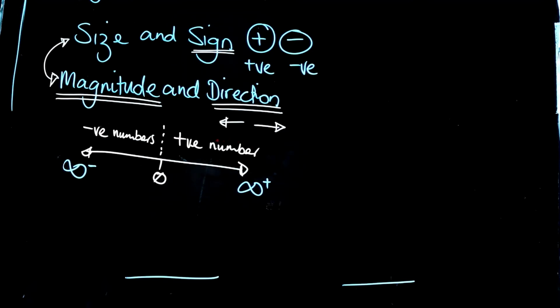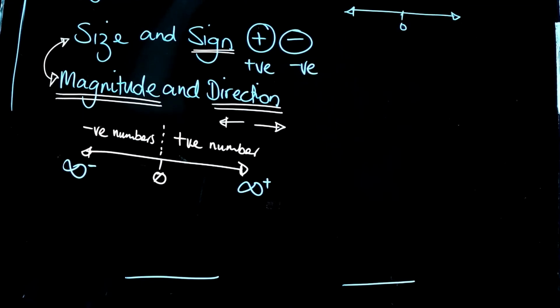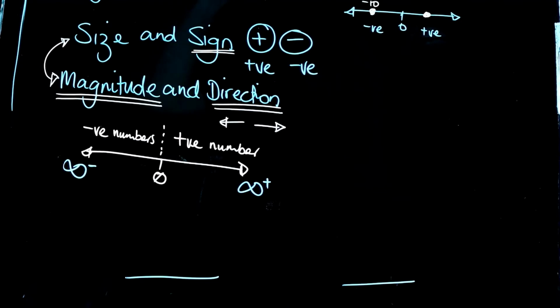Okay, so there's some words here that I've got to think carefully about, and some questions here asking you to put numbers in ascending order. If we think about a number on the number line, and I might just quickly sketch a new number line over here, and we have 0 in the middle. These are negative numbers over here, and this side we've got the positive numbers. For example, if we had negative 10 over here, and on this side we had positive 10 here.